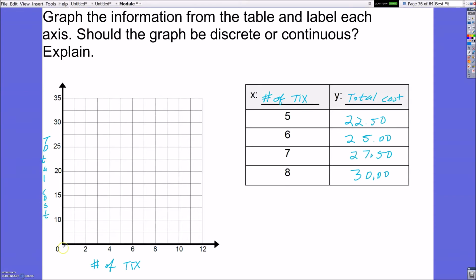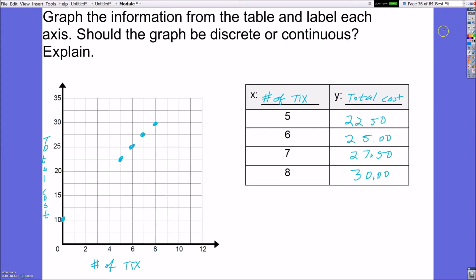If I go on 0 rides, so I buy 0 tickets, I still need to pay $10 to get in. If I buy 5, I'll spend $22.50. If I get 6, I'm going to spend $25. If I get 7, it would be $27.50. And 8 would be $30. So this is my graph I have right now.